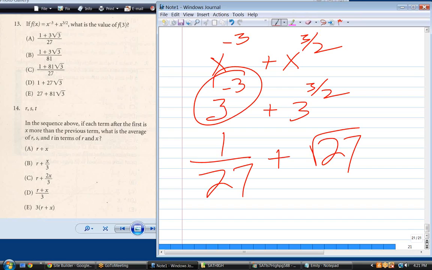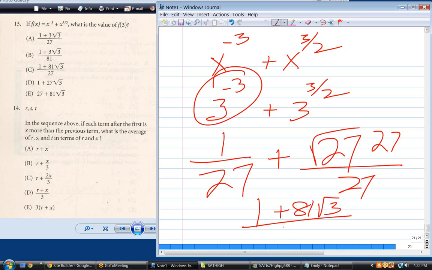If I had to find a common denominator, then this would be 27 over 27. And I would get 1 plus 81 root 3 over 27. C.